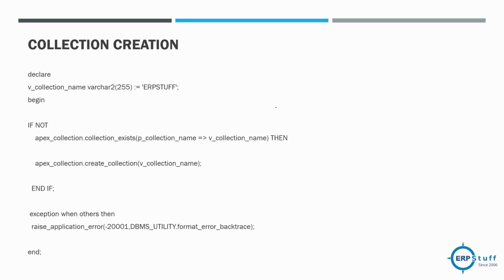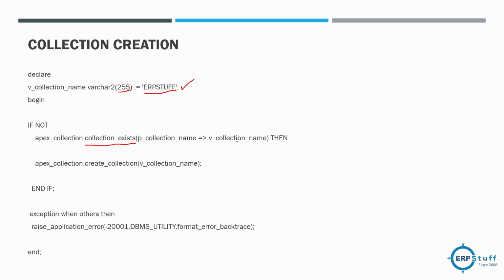Now collection creation. Here I just created a variable, which will be the name of my collection. The maximum length is 255, good enough. The very first thing I check in my code is whether the collection already exists, using a procedure.